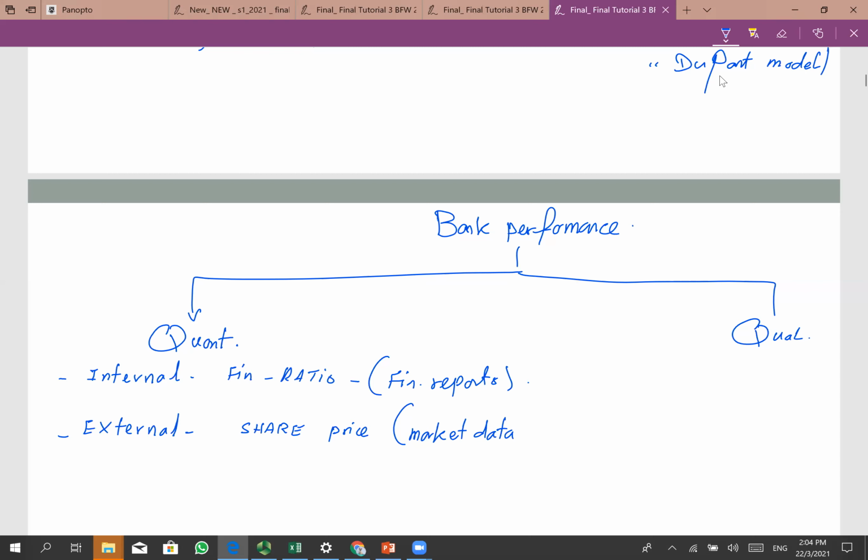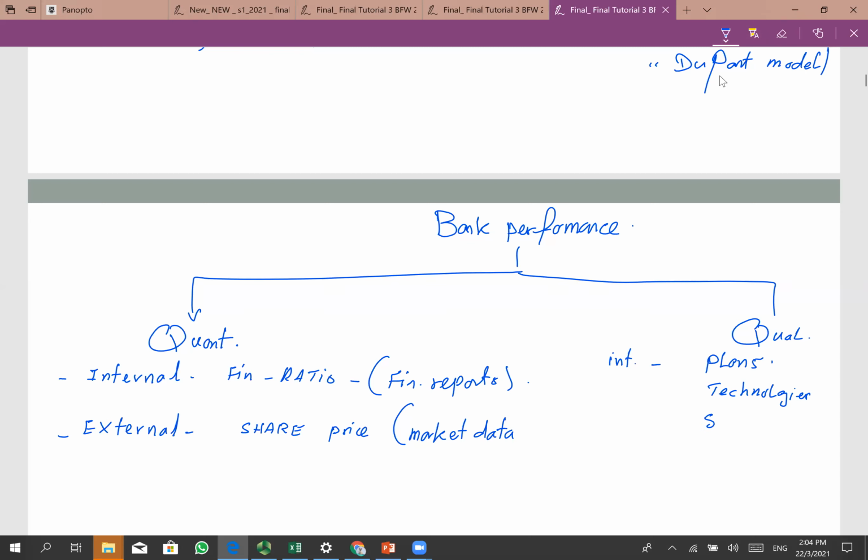Now, in the qualitative one, again we have something called internal. When we talk about internal qualitative, we are talking about plans. Does the bank have enough plans? Does the bank have good technologies? Does the bank have good staff?